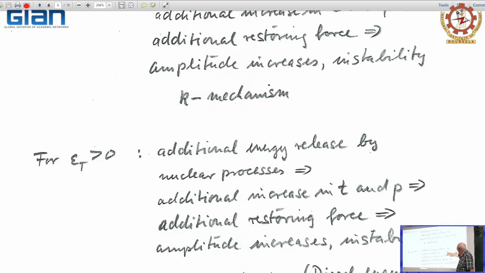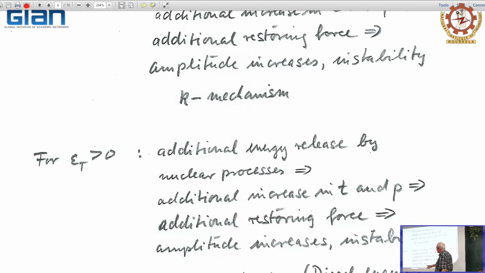If you have additional energy release, for instance, by nuclear processes, and these are the processes we had in mind, then we have an additional increase in temperature and pressure, and we have an additional restoring force in excess of the adiabatic restoring force, and this means that the amplitude will increase and we have an instability. What we need for that is that with increasing temperature, or at the phase of maximum compression, we have an additional energy release.